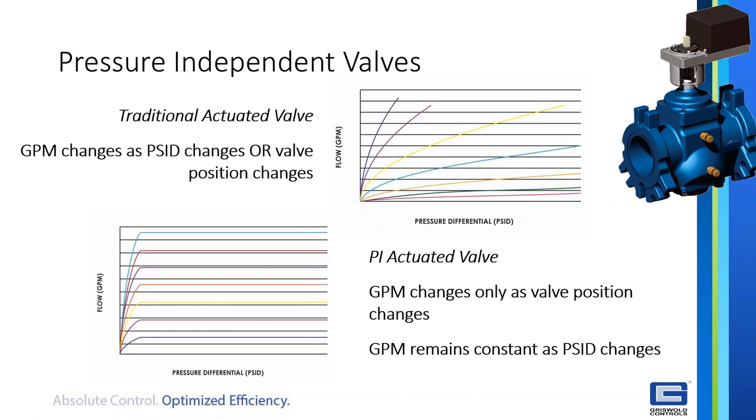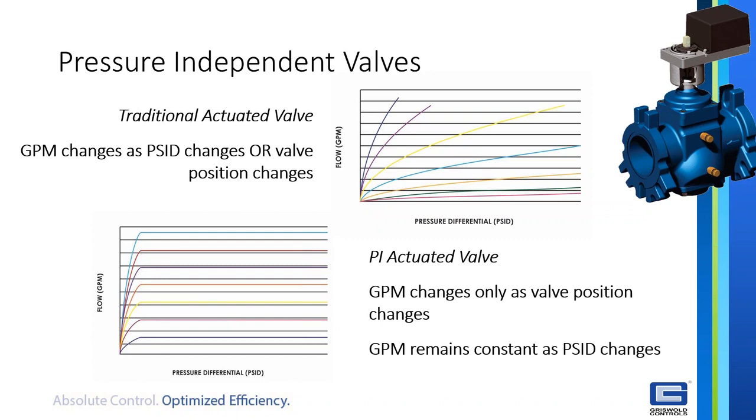So it's going to cycle and try to get to a new set point, to get back to where it was already satisfied. The zone was good. It didn't need to change, but because the pressure changed, now the actuator has to rotate. With the pressure independent, you save on actuator cycles because when there is a pressure change, there is no flow change. So there's no need for the valve to cycle until you actually change the load in the room.